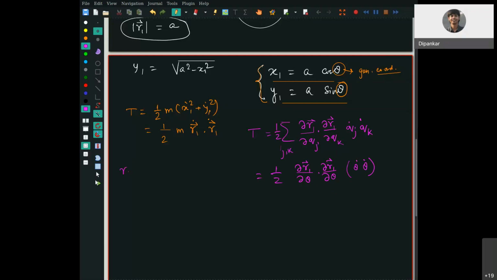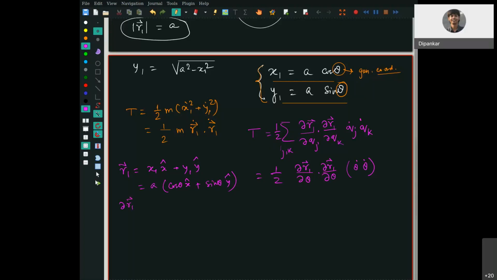Remember, r1 I defined as x1 x cap plus y1 y cap. And this x1 is, as I said, a cos theta x cap plus a sine theta y cap.